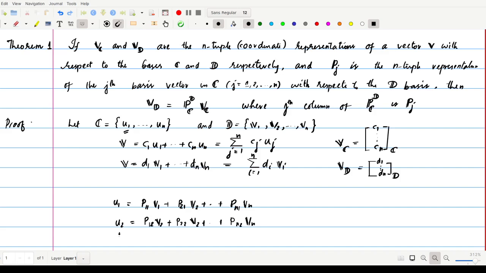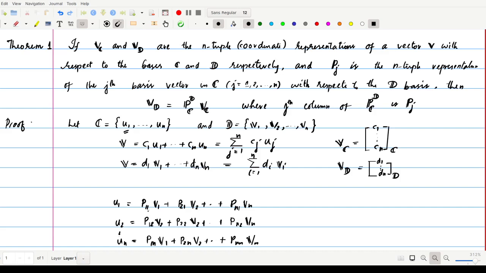Similarly, any un can be written with index 2 for u2 and index 1 for u1, and for n we have p1n v1 plus p2n v2 plus etc. pnn vn. So this is the last case.